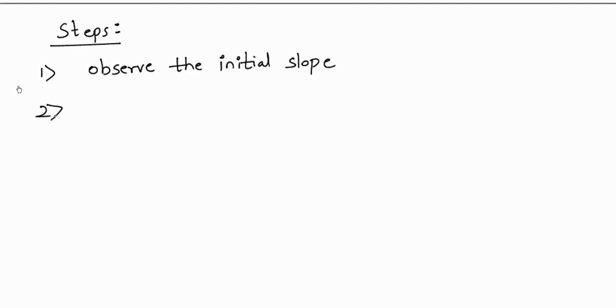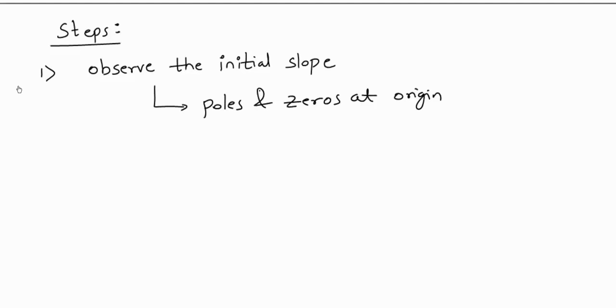The initial slope will give me poles and zeros at origin. If the initial slope is negative, then we will get poles. If the initial slope is positive, then we will get zeros.